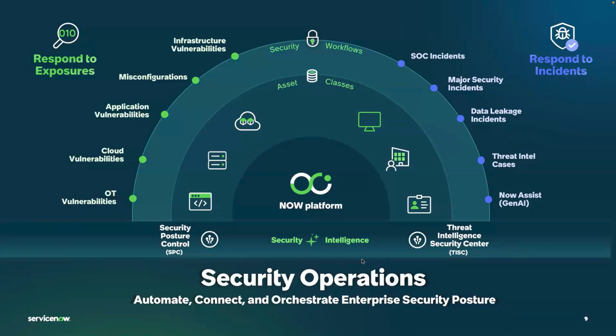And then on both sides of the portfolio, we also have this layer of Now Assist capabilities, and that's our generative AI offerings across both security incident response and vulnerability response. So we have various resources that we'll direct you to learn more, but that's your high-level view of things.